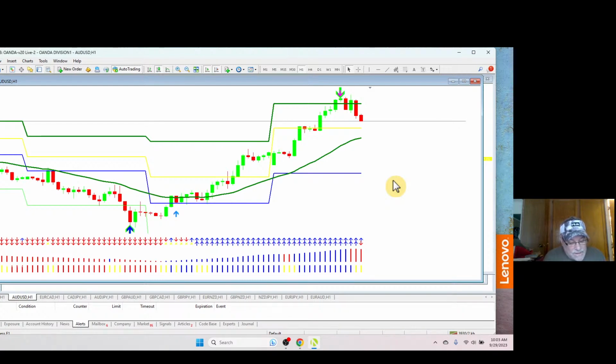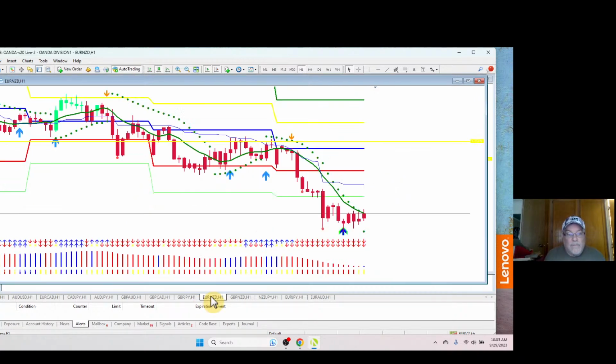Euro New Zealand is moving up. There we go. Okay, it's taking out that high. I've already moved my stop though. $2.50 risk now.